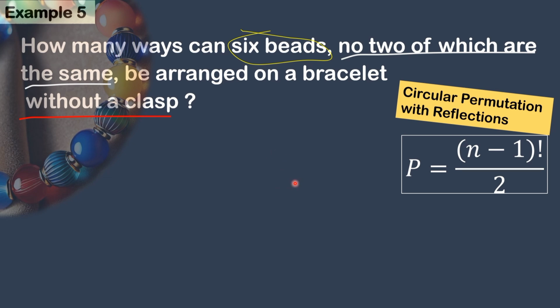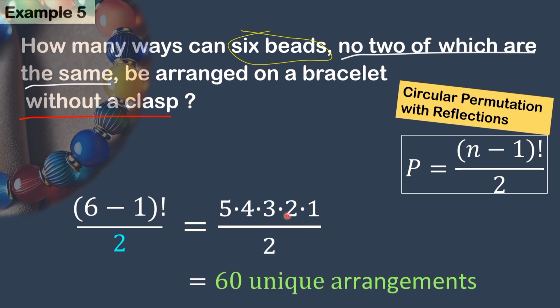We fix one bead as a reference, reducing the arrangements to 5 factorial from 6 minus 1 quantity factorial. Because the bracelet can be flipped, every arrangement has a mirror image, meaning we divide it by 2. Then simplify. Therefore, there are 60 unique arrangements.